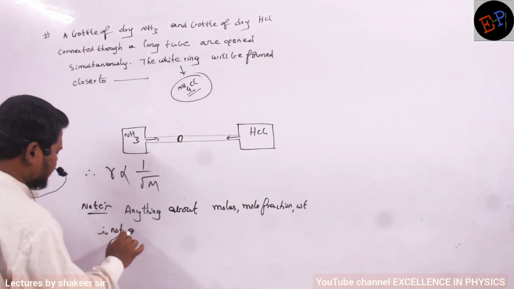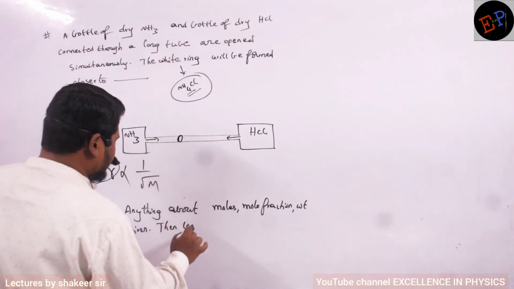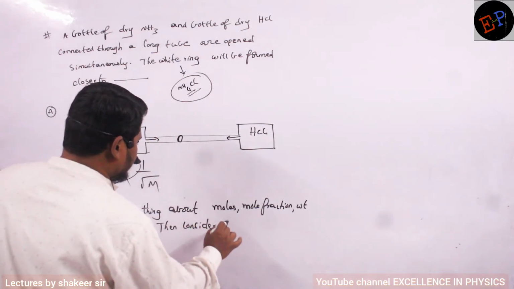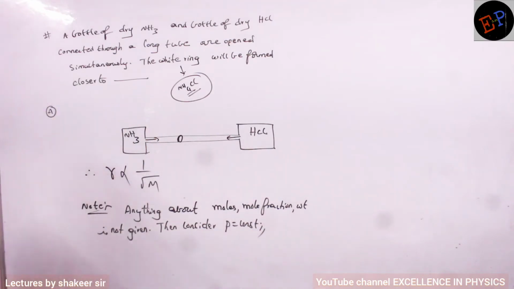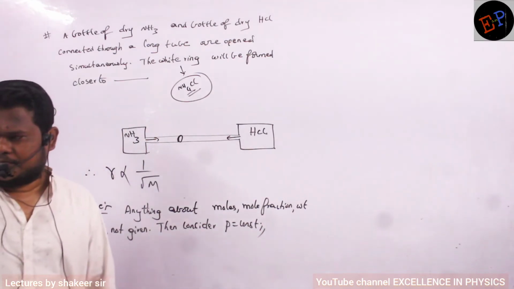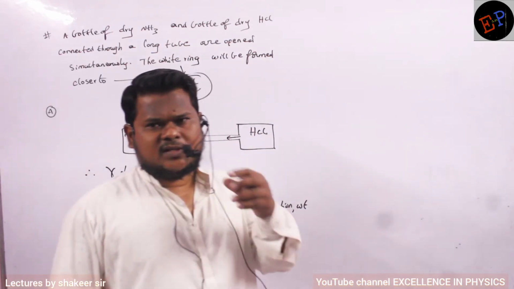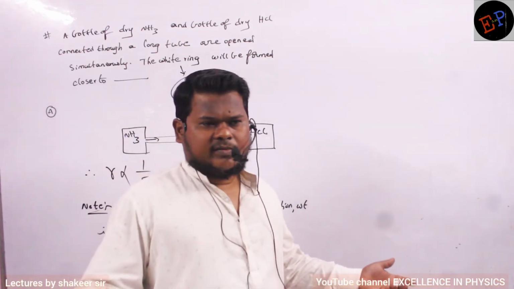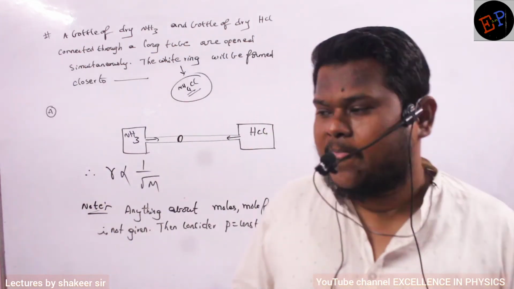Then what do we have to consider? Then consider pressure is constant. So in both of them, we assume that the same amount of pressure is present. If he had said anything about that, then we should have taken that into consideration. He did not give anything about number of moles, no? So in such situations, you have to take pressure to be constant.